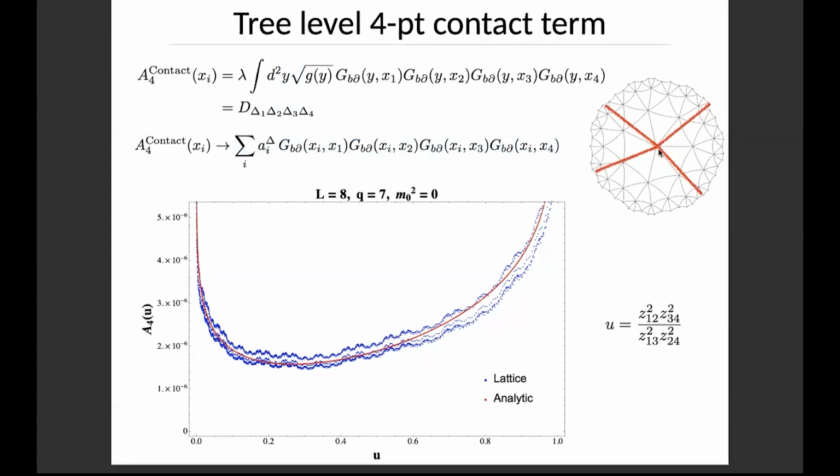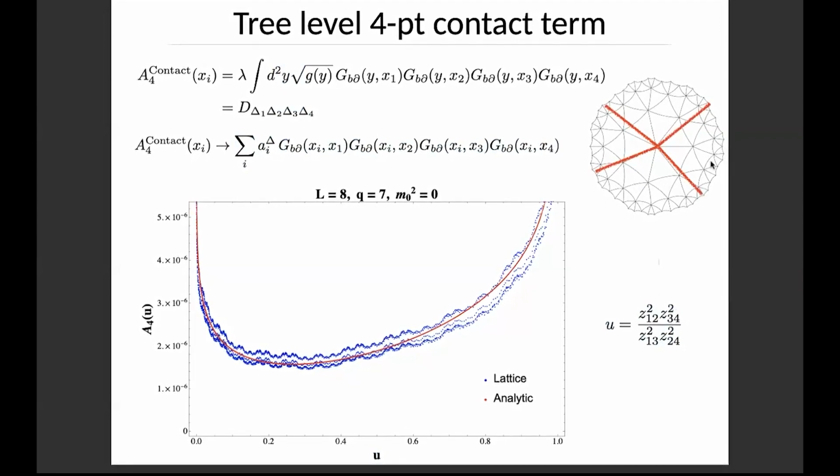The only other thing I need to point out in this slide is this u variable here, which is defined as this object here. You might ask, what the heck is this? I'll just explain intuitively what this object is.